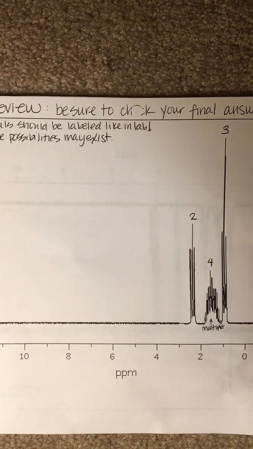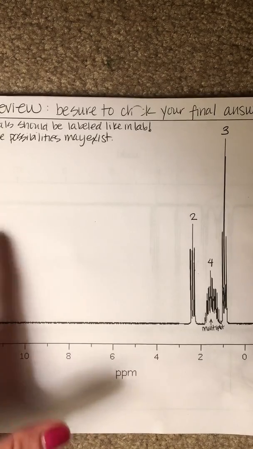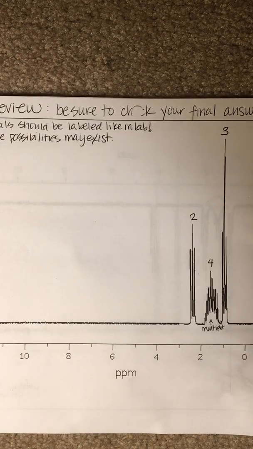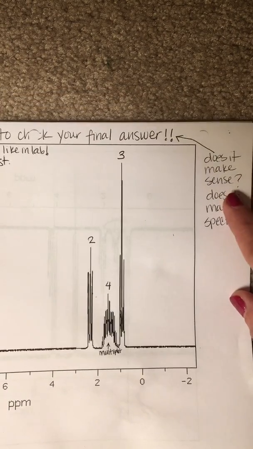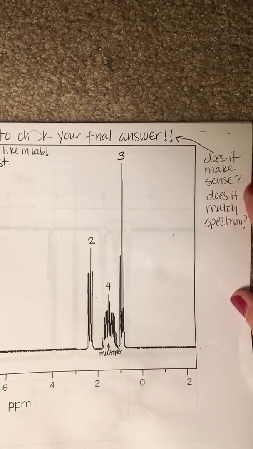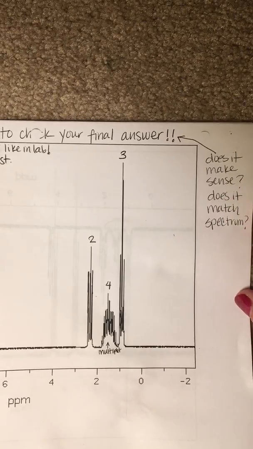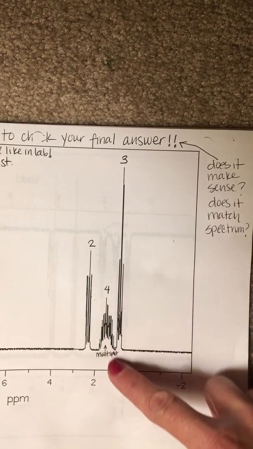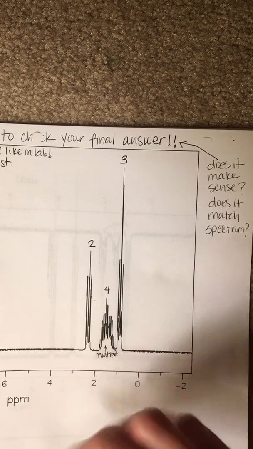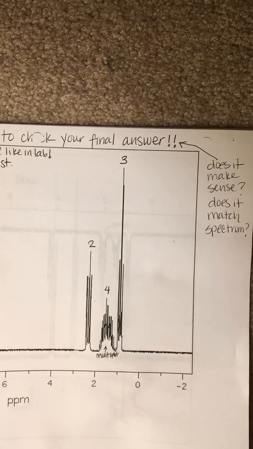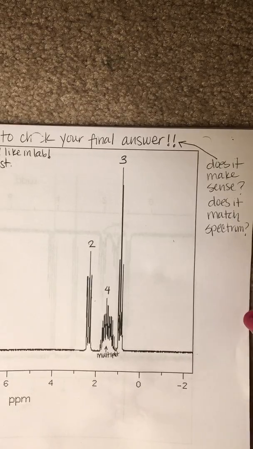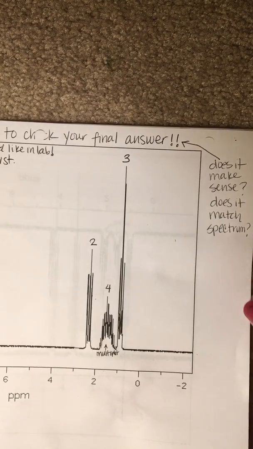It's okay to put a structure down that may not be the right answer, because you always go back and check your work. And right here, does your answer make sense? Does it match the spectrum, not only in the splitting pattern, but also from the chemical shifts? Sometimes there might be more than one answer, but usually you can narrow it down to 1, maybe sometimes 2.